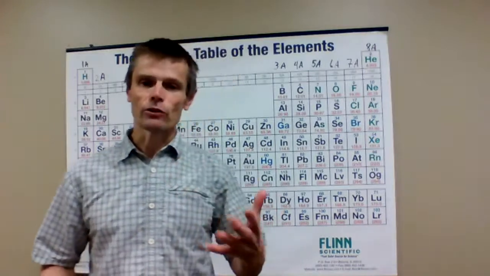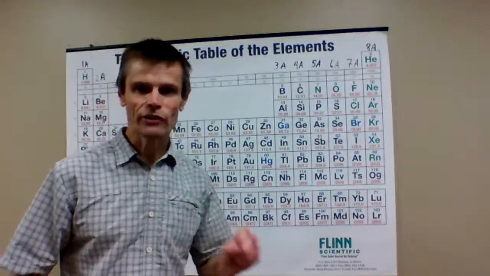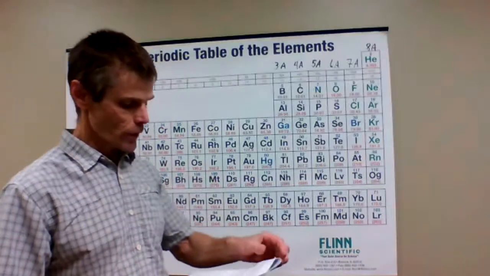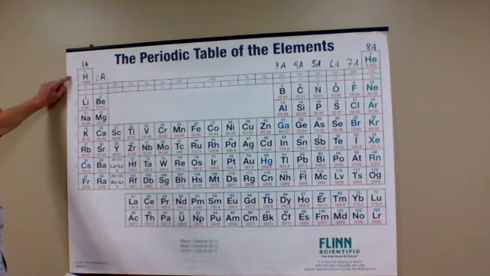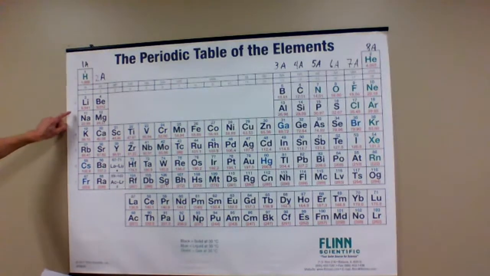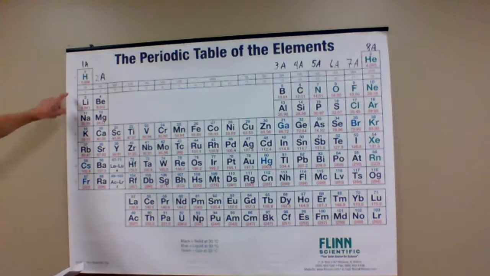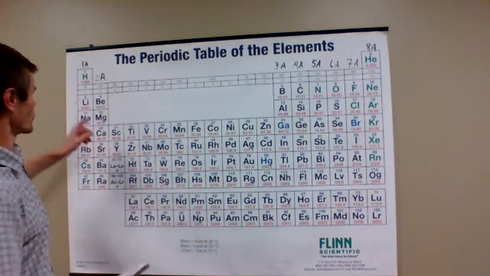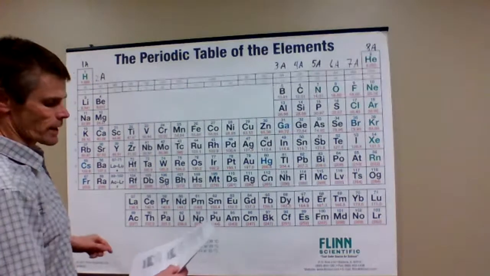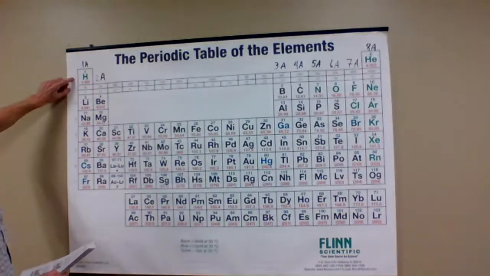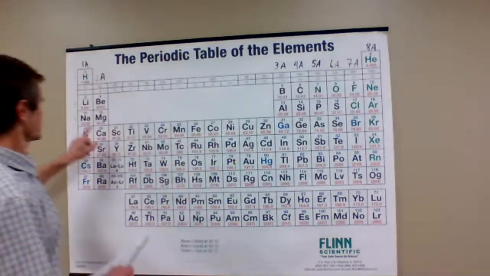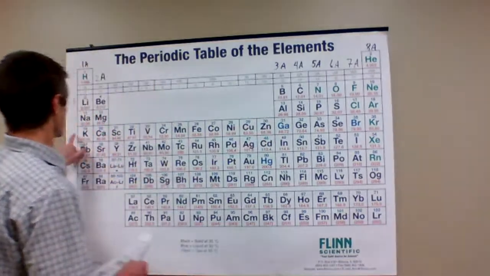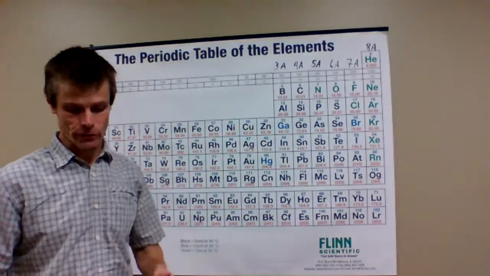So to really use the periodic table, we need to know how it's structured and what all these numbers mean. So let's look first of all at these numbers on the side of the periodic table. 1, 2, 3. Now these are essentially horizontal rows. We go from left to right. And the numbers here are called periods. We have period 1, period 2, period 3, period 4, period 5, and so forth.